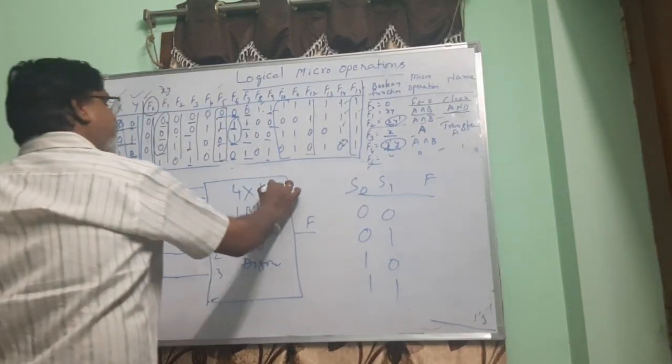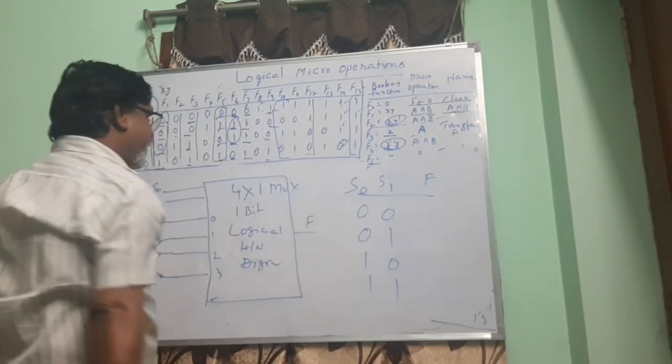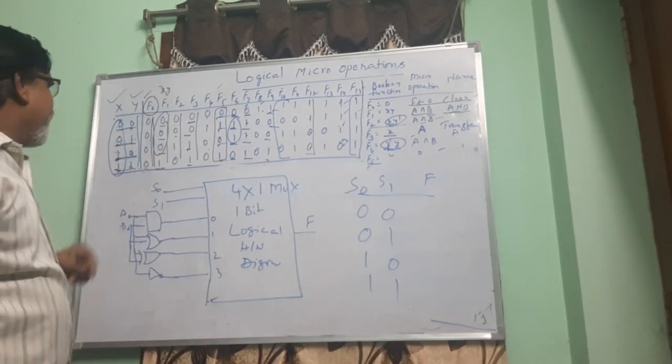A 4x1 multiplexer is taken here for explaining a 1-bit logical operator.